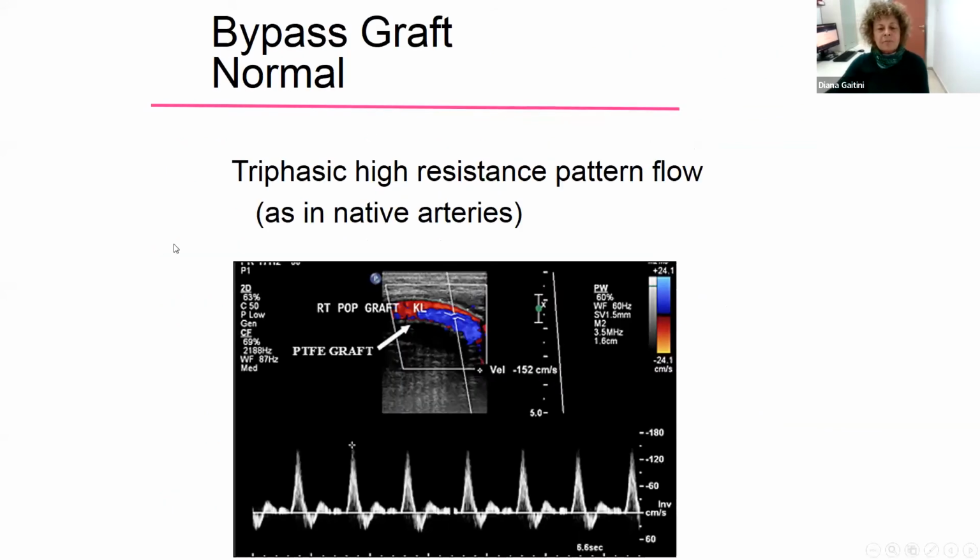Now, how we examine the bypass graft. The normal graft has a velocity and waveform similar to the native artery, so triphasic high resistance pattern flow.